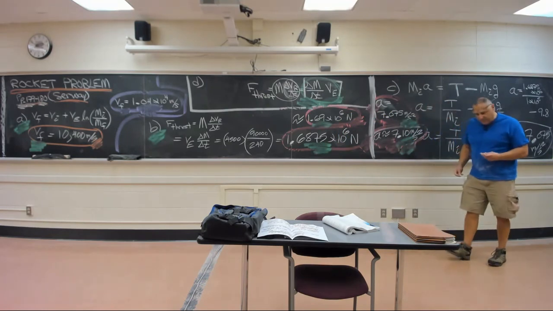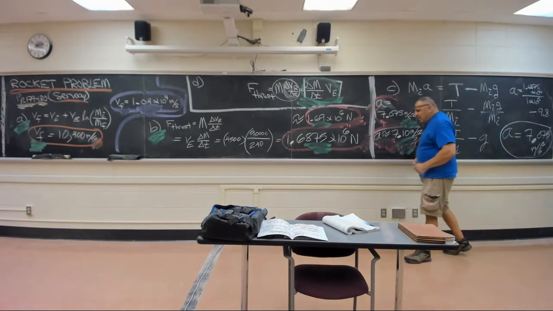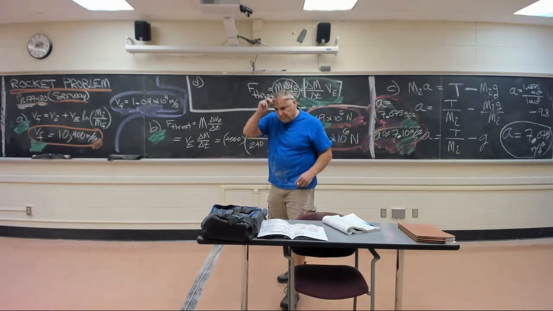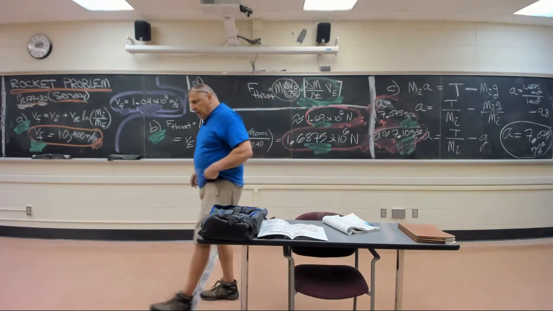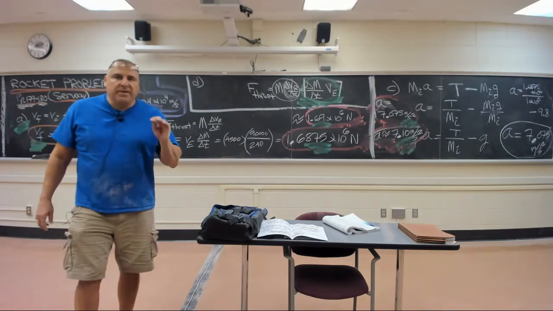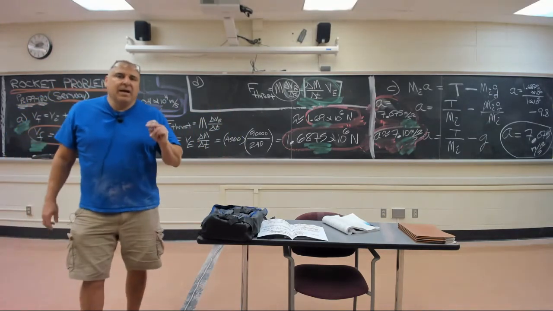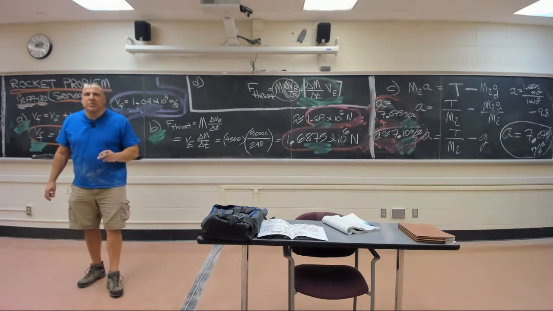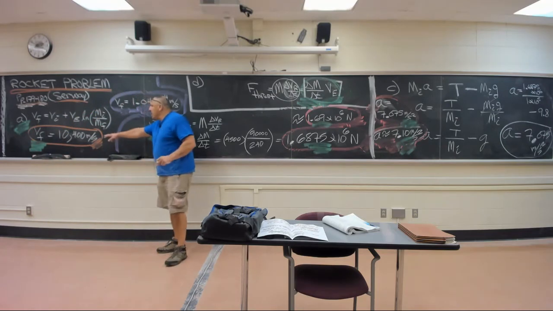What can I use? Tell you what I'm going to do. Let's take the velocity that this rocket ship would have attained in terms of magnitude, which would be 10,400 meters per second.